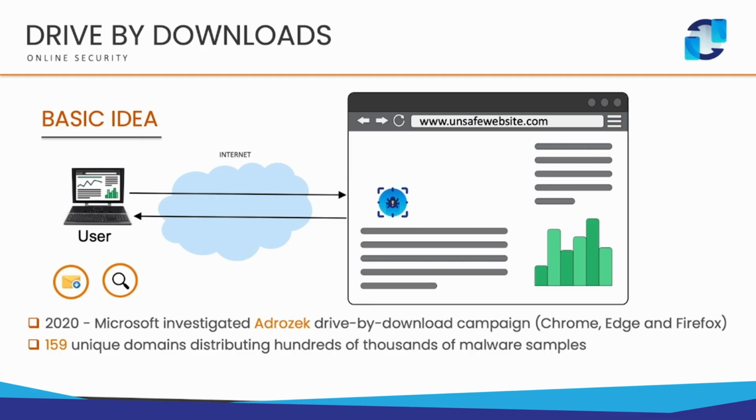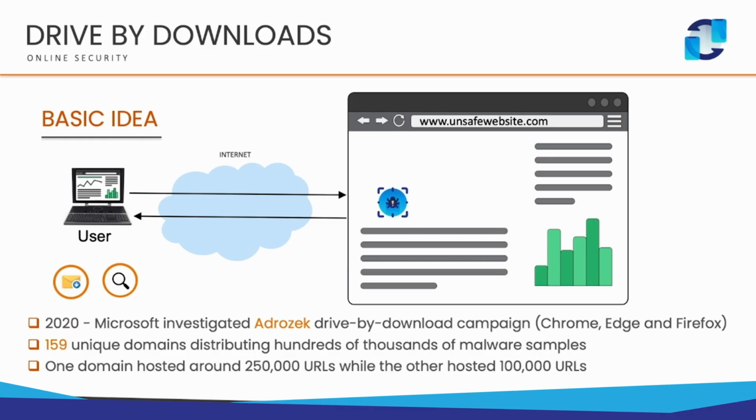Now, please understand, 159 unique domains, not websites, right? For example, a domain is, for example, amazon.com, this is one domain, right? You could have hundreds of thousands of email addresses, URLs or subdomains within this domain, right?